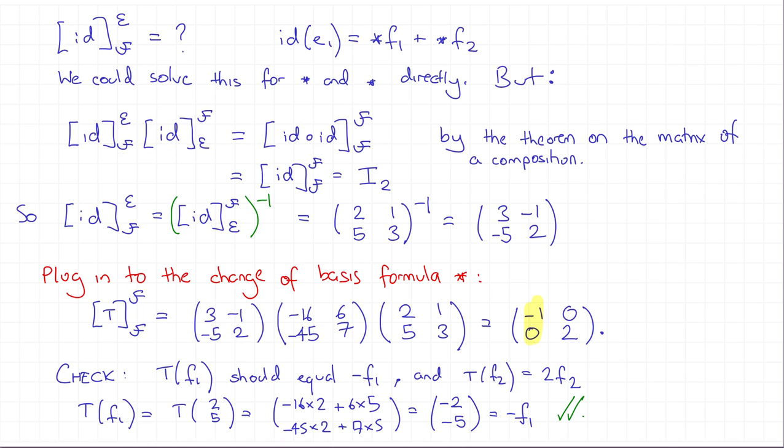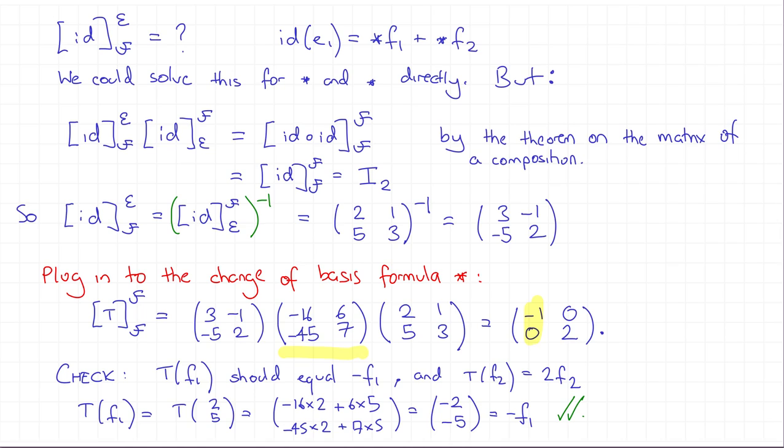Because if you just know the matrix of T with respect to the standard basis, so that was this matrix in the middle here, that doesn't seem to tell you anything useful about T. It doesn't give you any clue as to what T is doing. It just looks like 4 fairly random numbers.